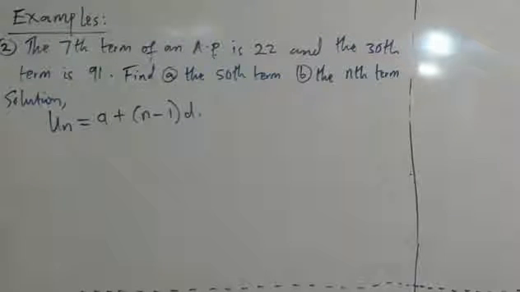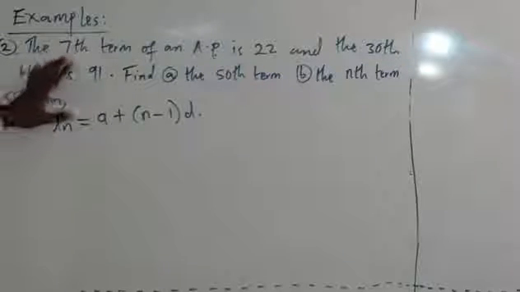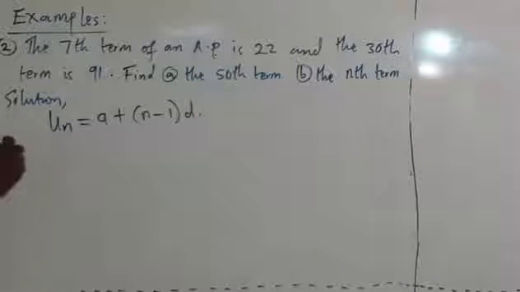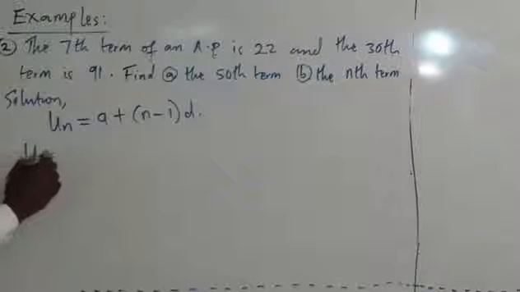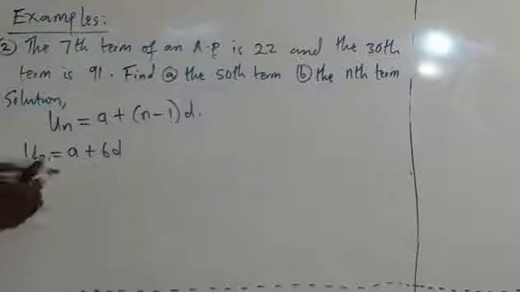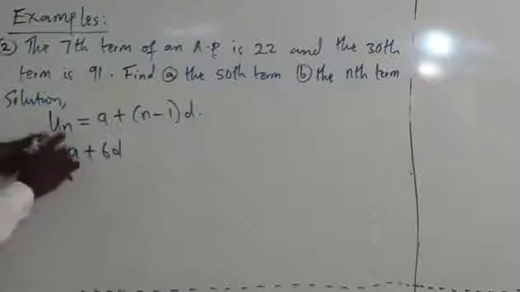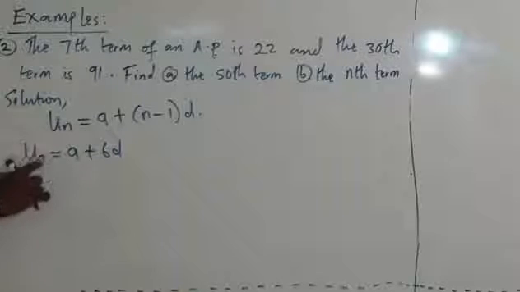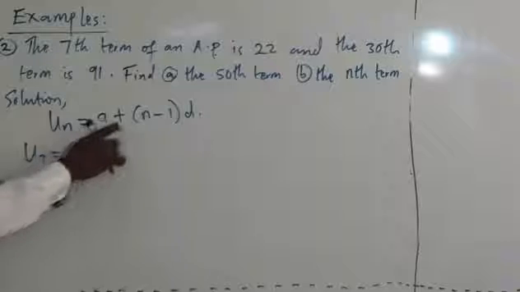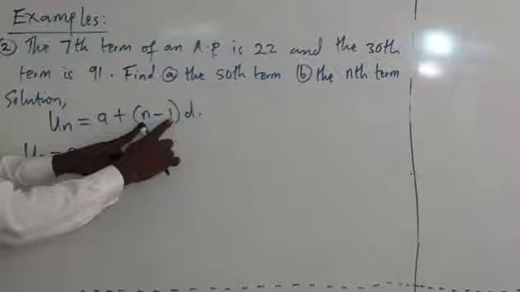So under this formula, the first statement says the 7th term of an AP. It means when n is 7, so what will be the 7th term? So it's going to be u7 equals a plus 6d. It is a plus 6d because if you make use of this formula, when n is 7, we have n equal to 7, a plus 7 minus 1, that is 6.